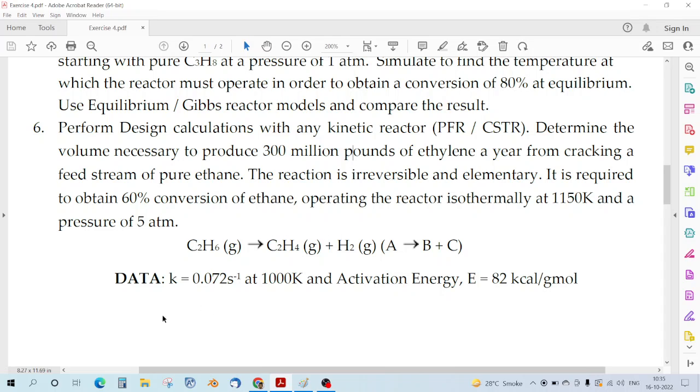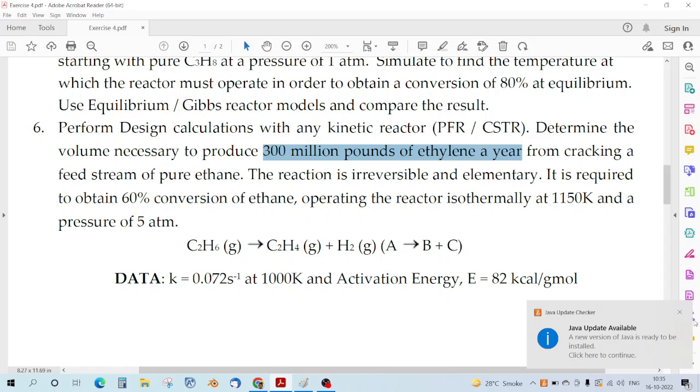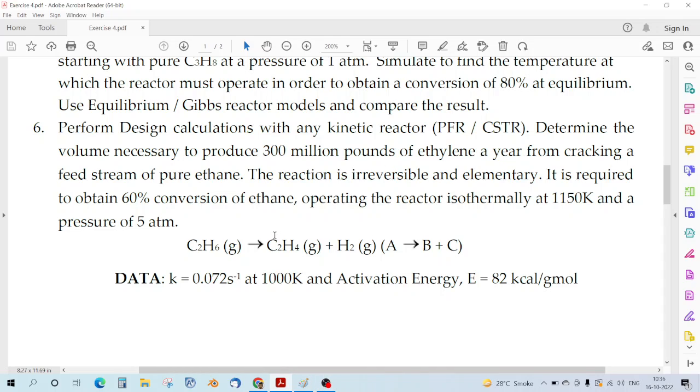Before opening DWSIM, I want to show you that because we need to produce this much ethylene a year, we need to first calculate our feed, that is, how much ethane we should put in so that after 60% conversion we get this much ethylene.